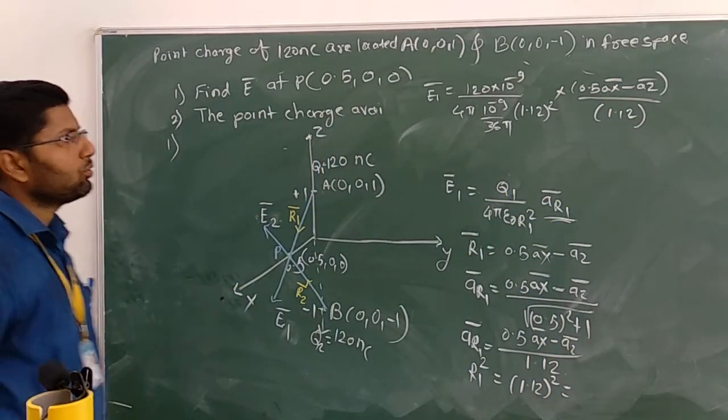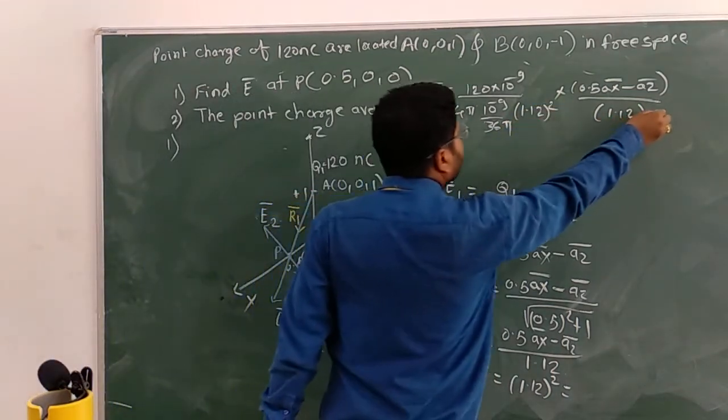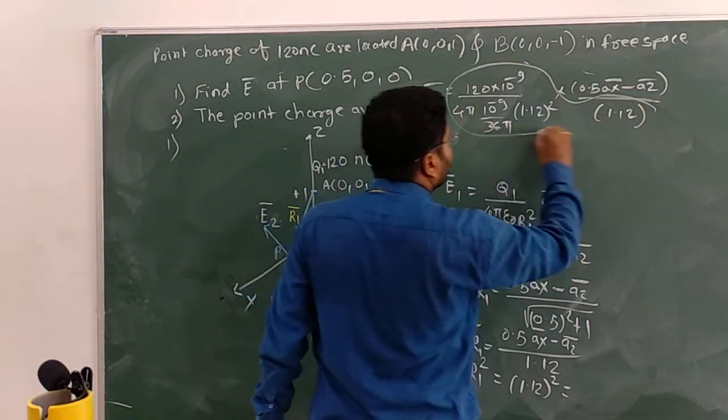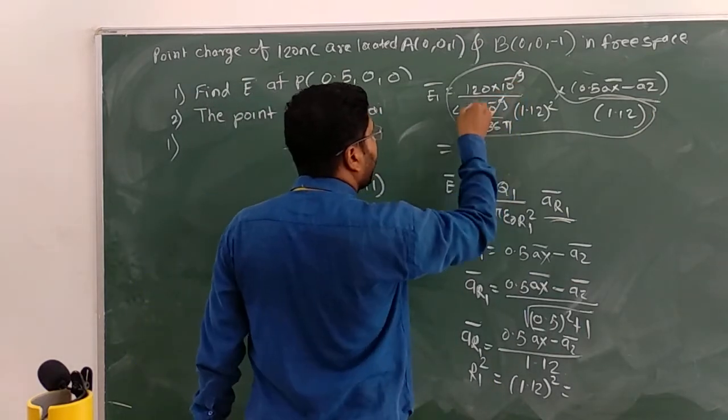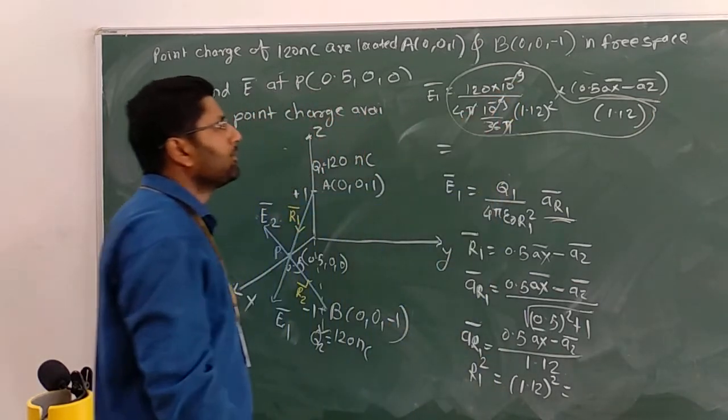So you do the calculation for this and tell me the answer. 10 raised to minus 9 and 10 raised to minus 9 cancel.